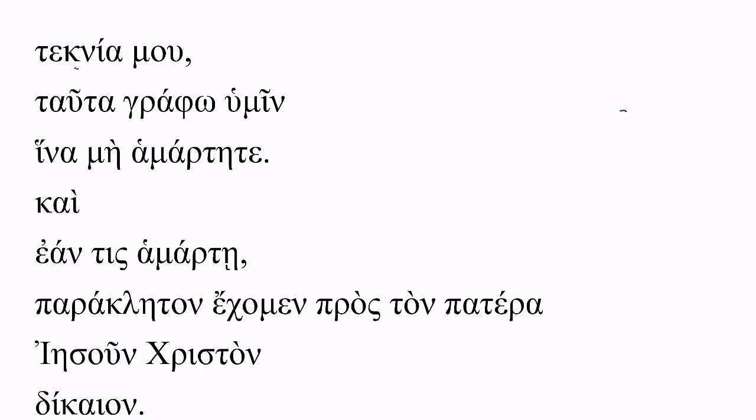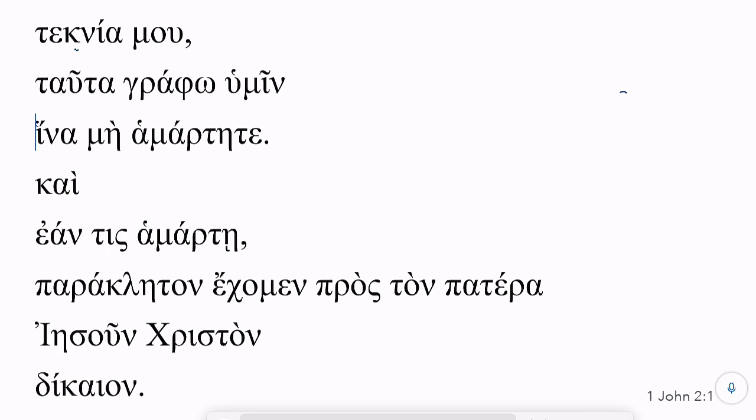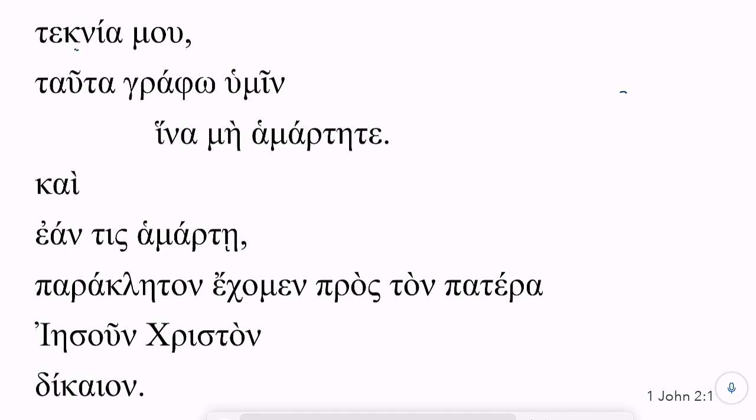Okay, so let's start indenting these things. Why are you writing? Well, you're writing in order that you might not sin. So that's why. And then this kai is a major one, so we just want to indent it half.